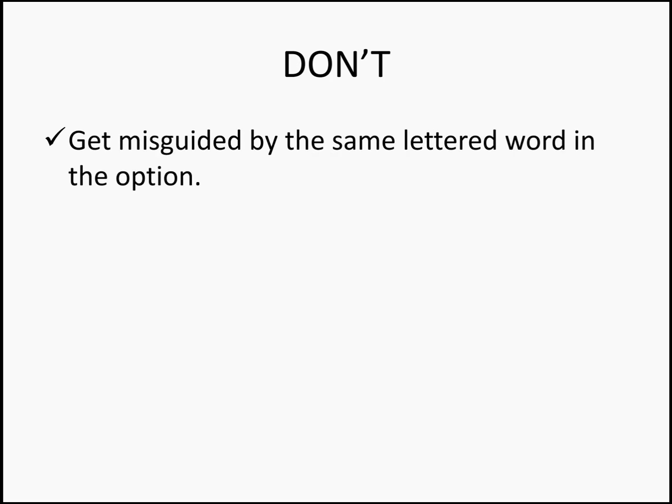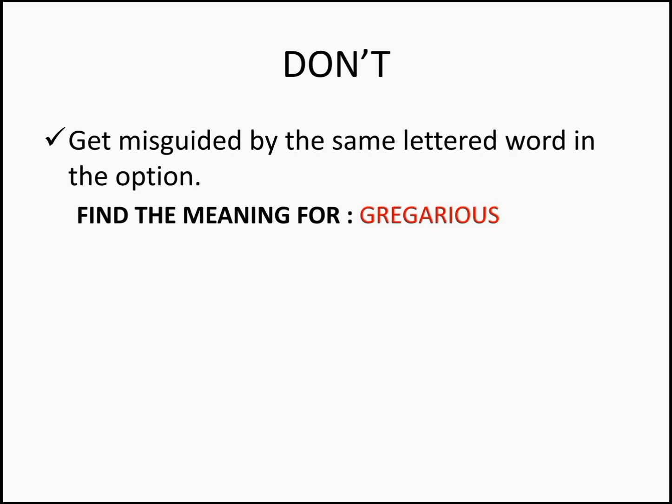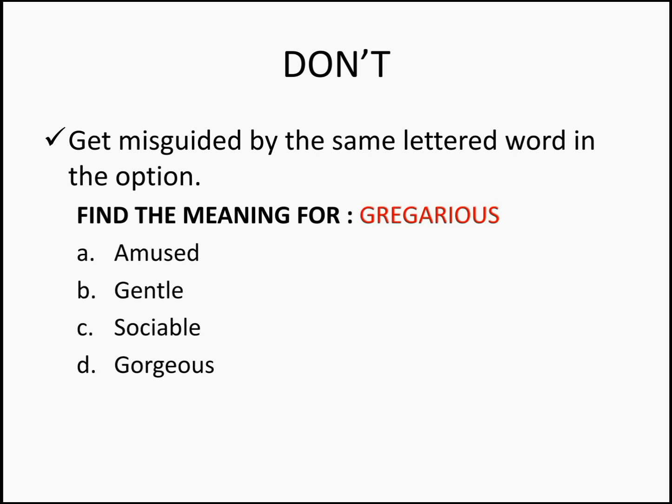Here we discuss the don'ts in vocabulary. The first thing you should remember is not to be misguided by the same lettered word in the options. For instance, look at the question. Find the meaning for gregarious, and your options are amused, gentle, sociable and gorgeous.